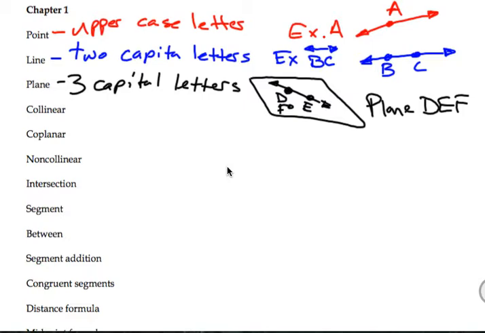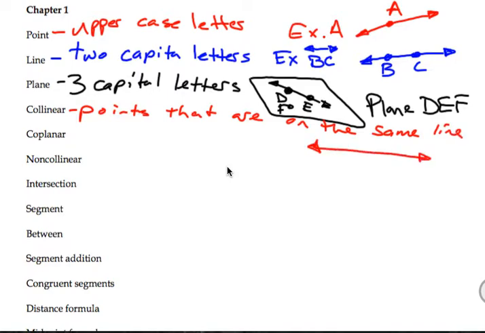Collinear are points that are on the same line. So that'd be A and B and E are all collinear.